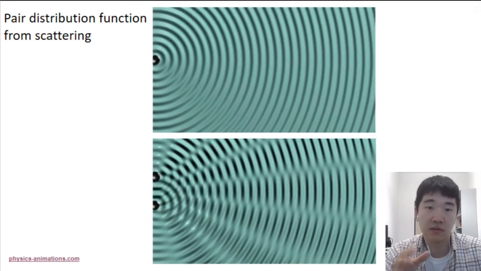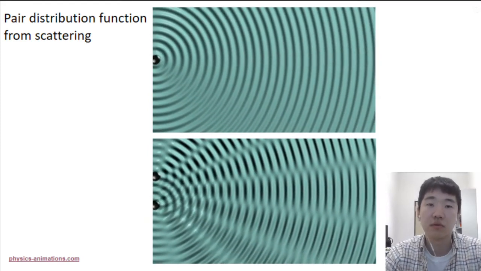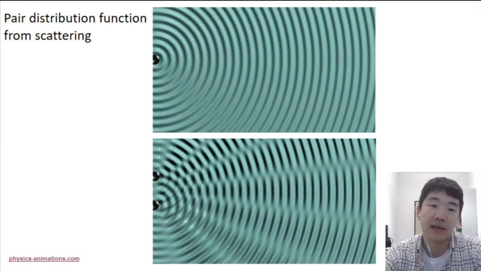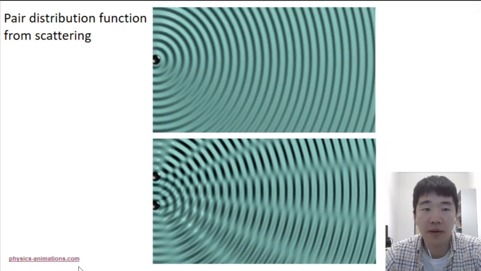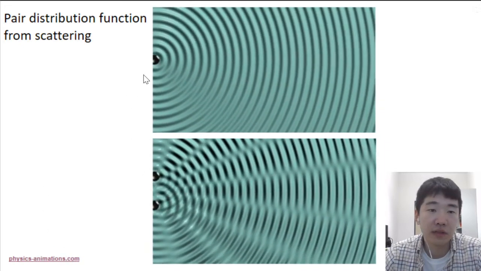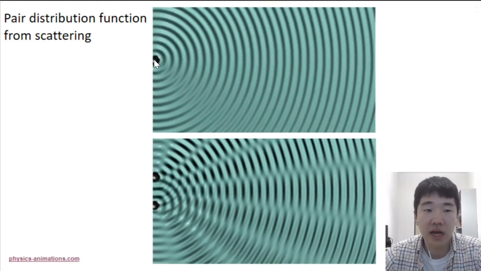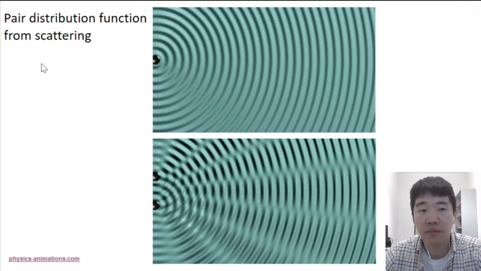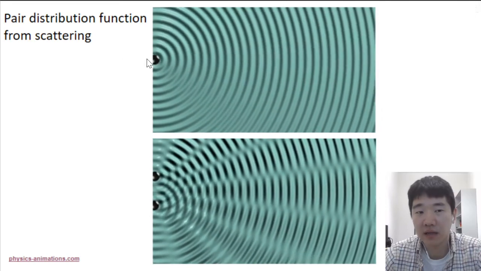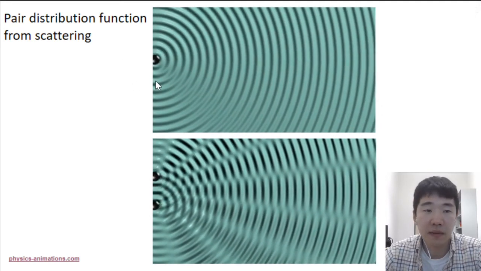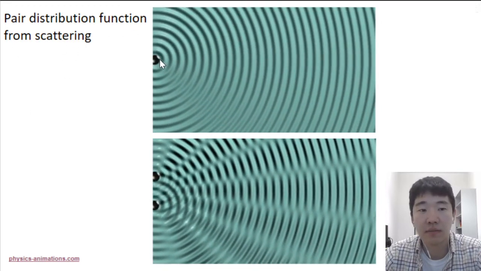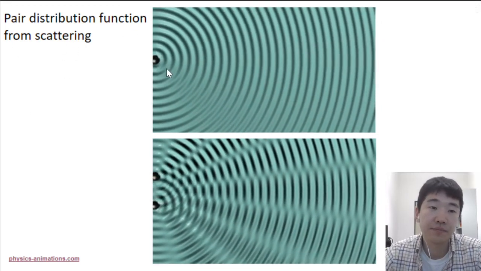So today I want to demonstrate this a little bit, and this is just an animation I got from the web. There is a single atom, for example, and an incoming plane wave makes this atom scatter. The plane wave can be scattered by the atom.